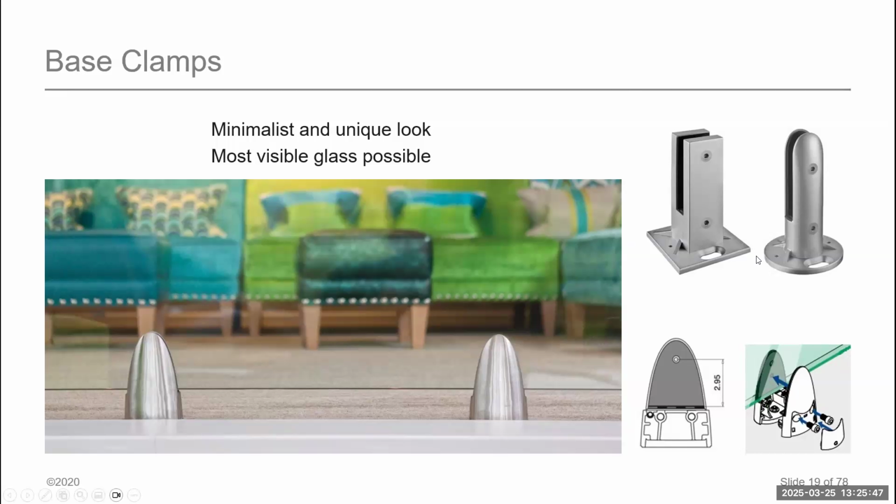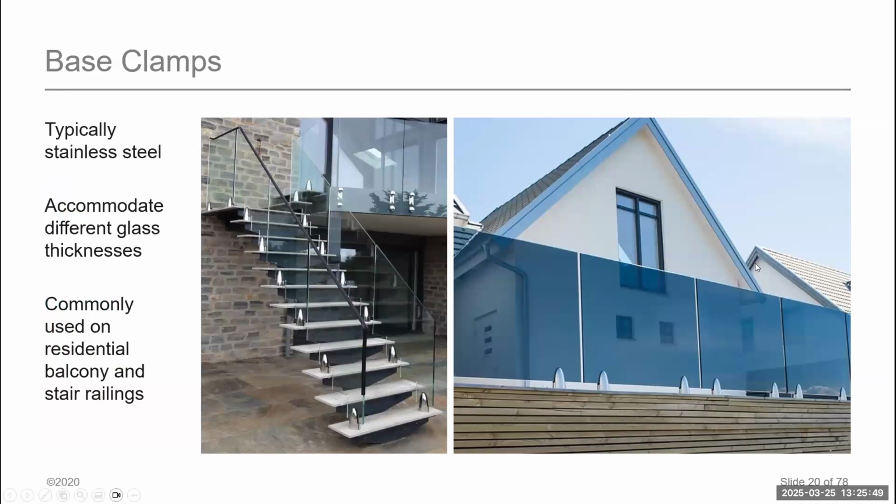But one of the things in the market that we will see base clamps used for quite often is a pool barrier, where it's on the first level and does not have guardrail requirements, it is only a glass barrier requirement, and you're allowed to put it on your patio.